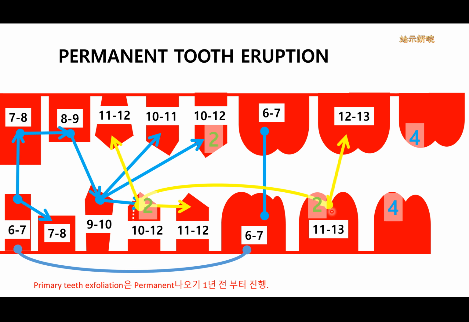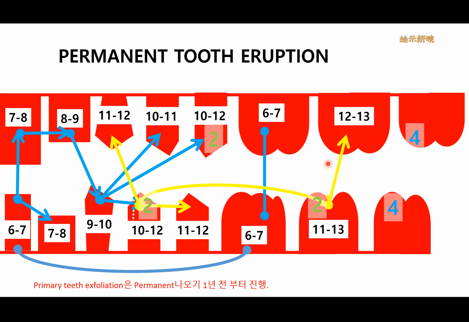So 11 to 13, 12 to 13. Don't be confused, it is not a big matter, but just take note of it, because it is how our dental chart has it, so it is better to memorize it as it is.